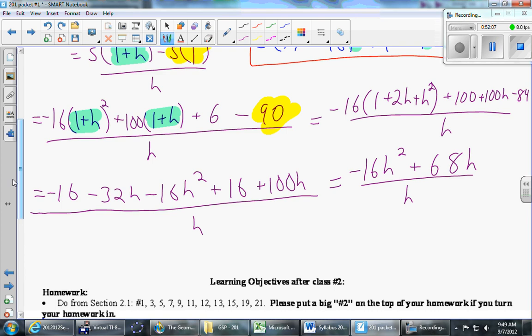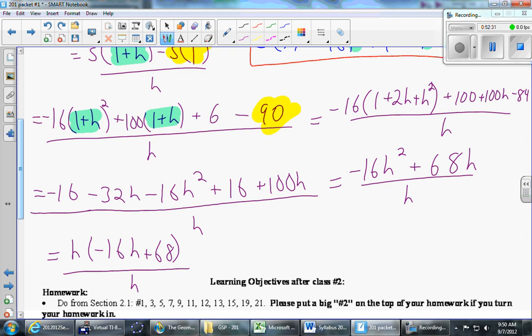And we're going to simplify just a tiny bit more. What can you factor out on top? Factor out an h. And if at that final stage you can factor out an h, it means you did it right. If you can't factor out an h, there's a problem somewhere.